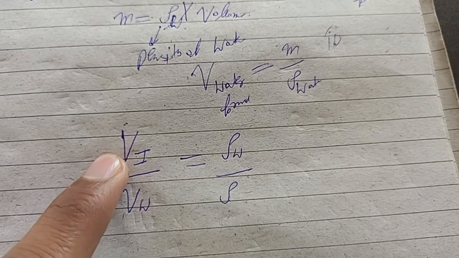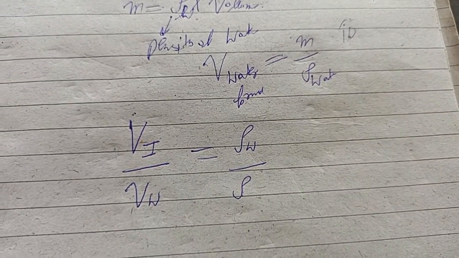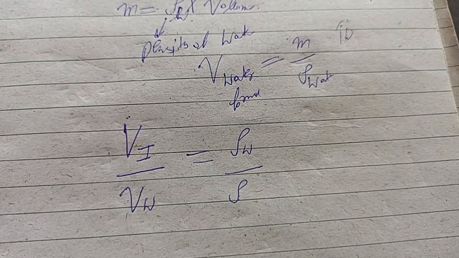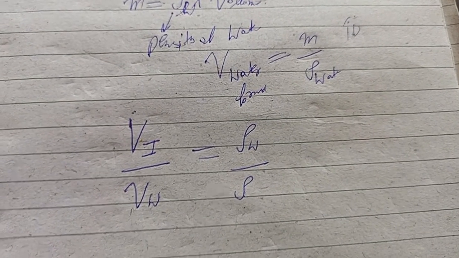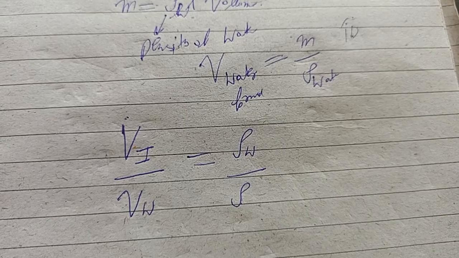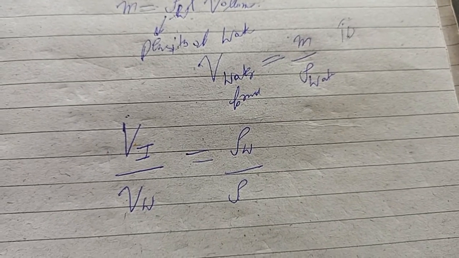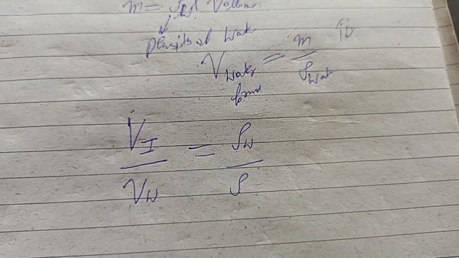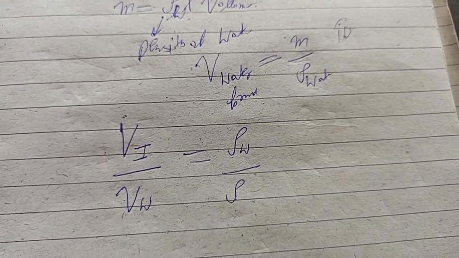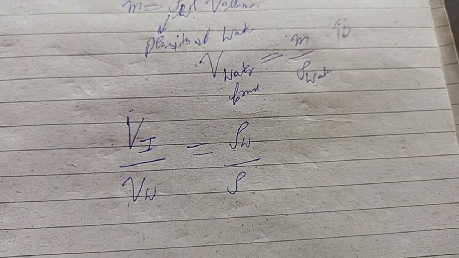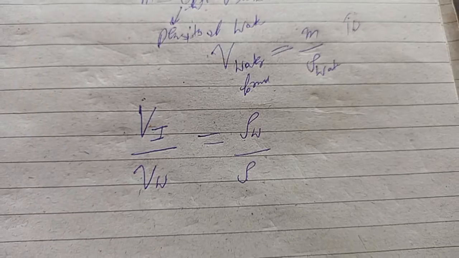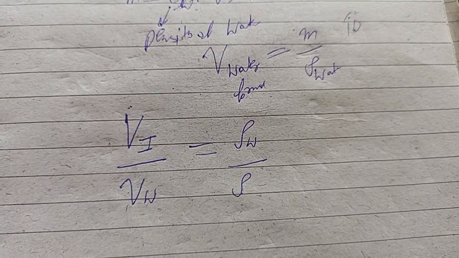If Vi is more, it means the volume which has disappeared is more than the volume which has appeared after the melting of ice. So the liquid level will drop down.